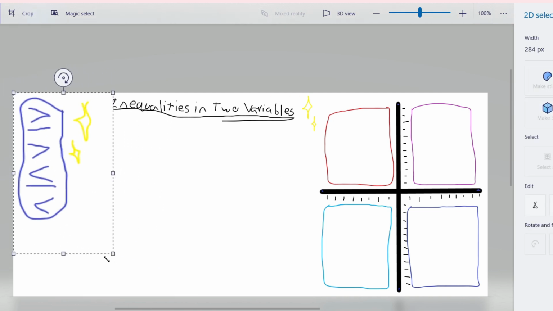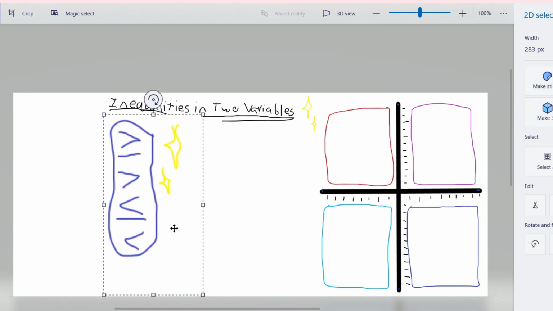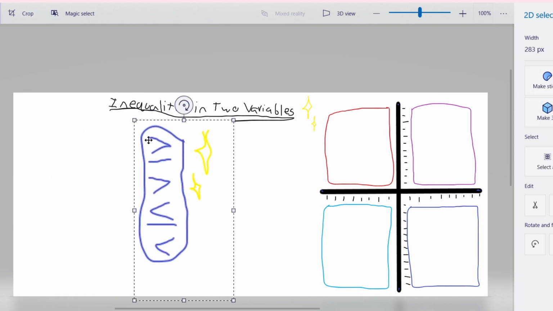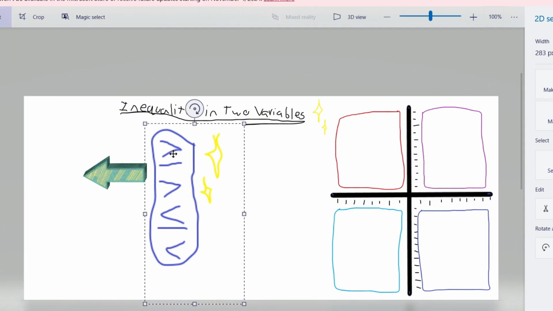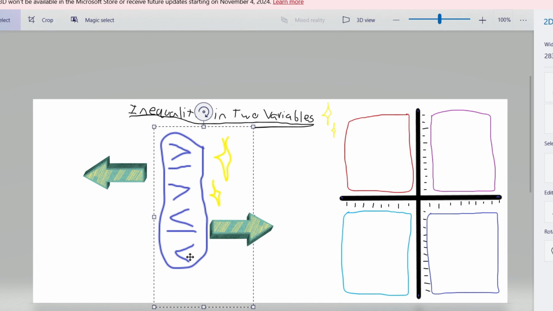We got our lovely alligators here. We got the alligator facing to the left with a line under it. Alligator facing to the left with no line under it. Alligator facing to the right with a line under it, and alligator with no line under it facing to the right.